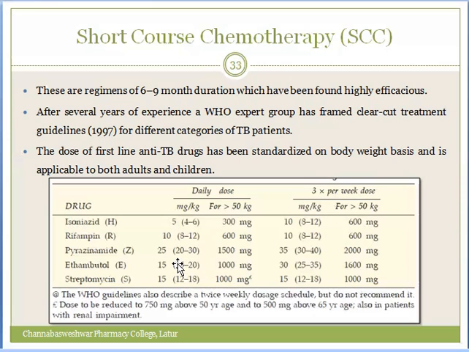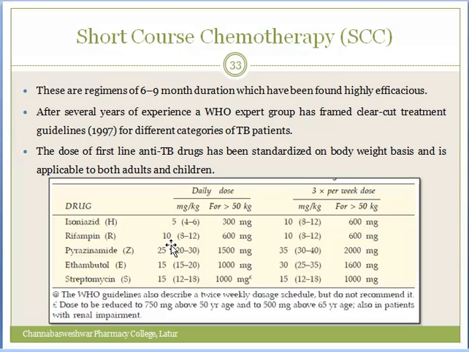The doses are reduced to 750 mg above 50 years of age and to 500 mg above 65 years of age, as well as in patients with renal impairment. Look at the dose of isoniazid. The daily dose is 5 mg per kg, and for body weight more than 50 kg, it is 300 mg.